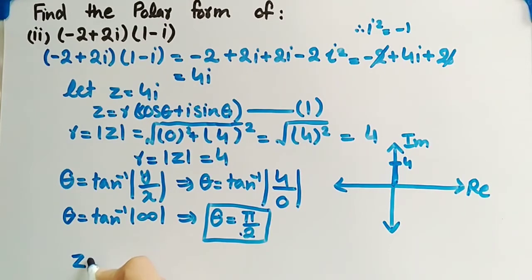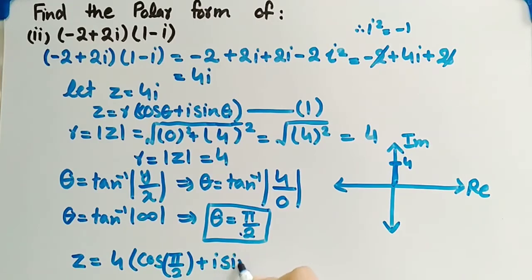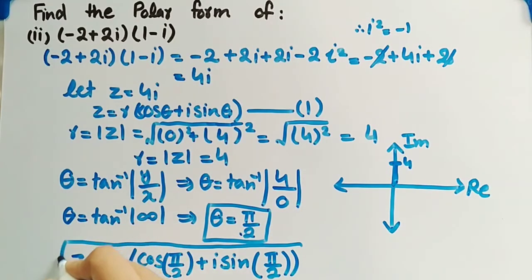We get z is equal to 4 (cos pi by 2 plus iota sine pi by 2). And this is the polar form of the complex number z is equal to 4 iota.